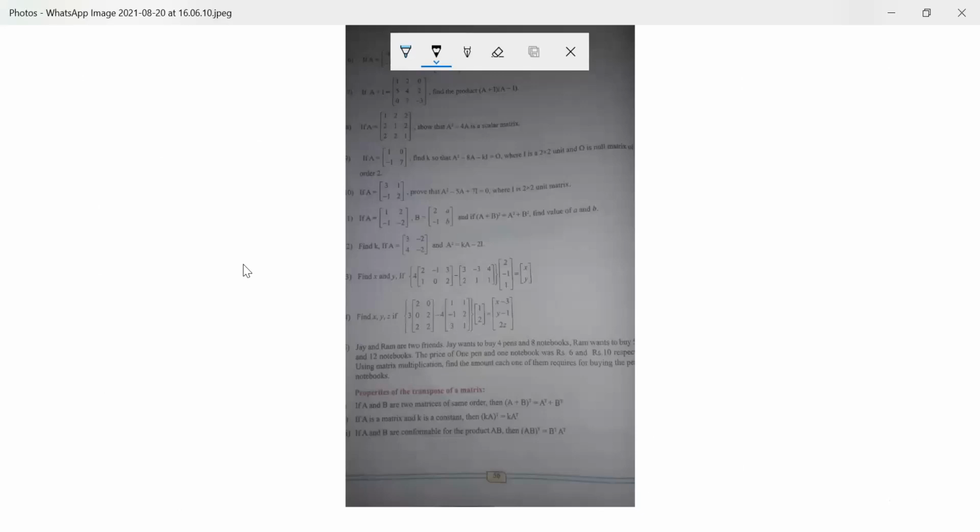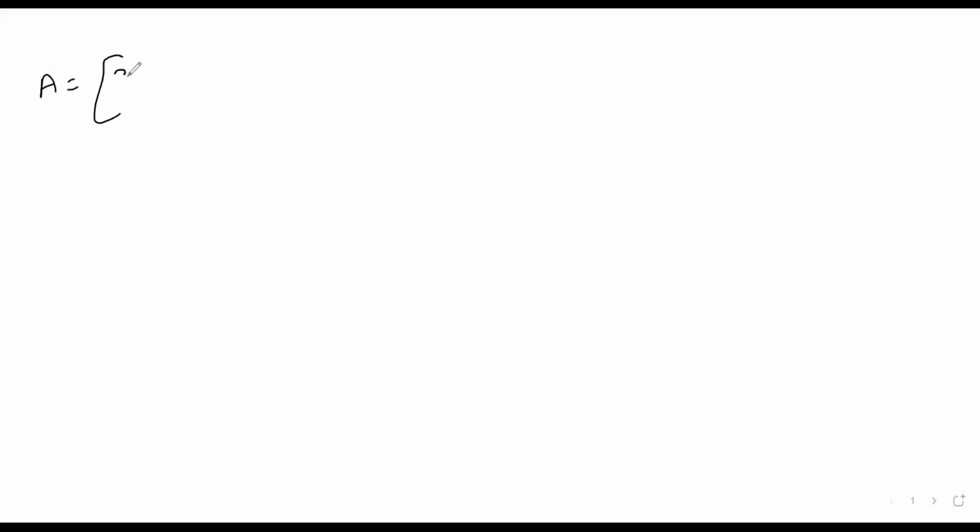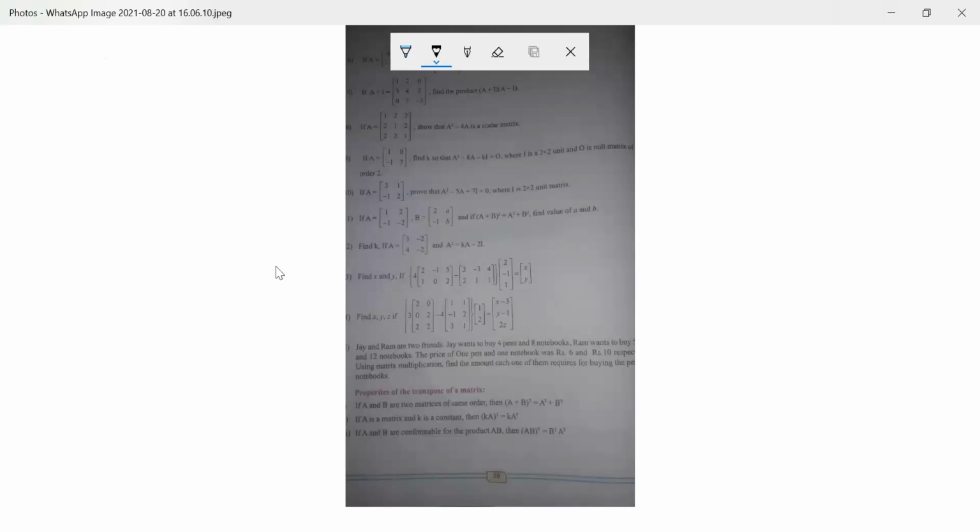A is 3 1 minus 1 2. You have to show that A square minus 5A plus 7I is equal to 0.